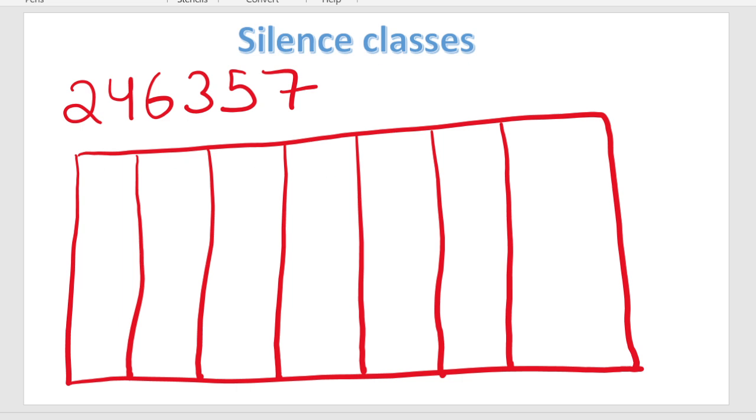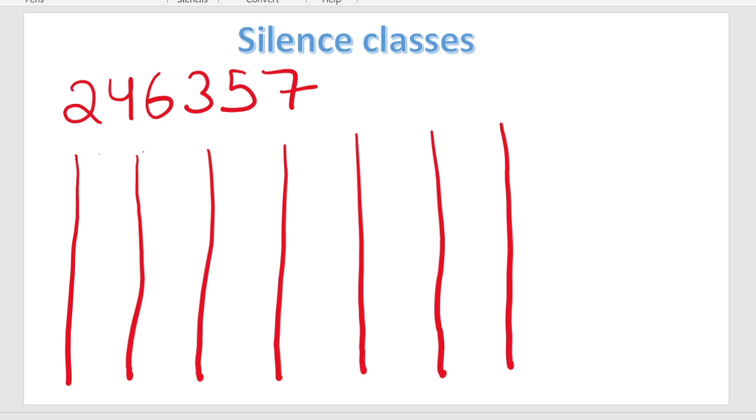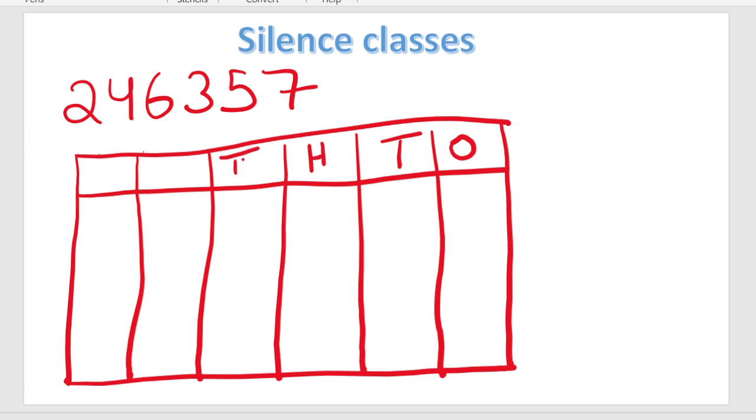This one is the seventh one. If you want, we can remove this. I'm just making the placement chart, or the place value chart, right now. Now in the place value chart, you know that starting from ones, there are tens, hundreds, thousands, 10,000 and lakh.